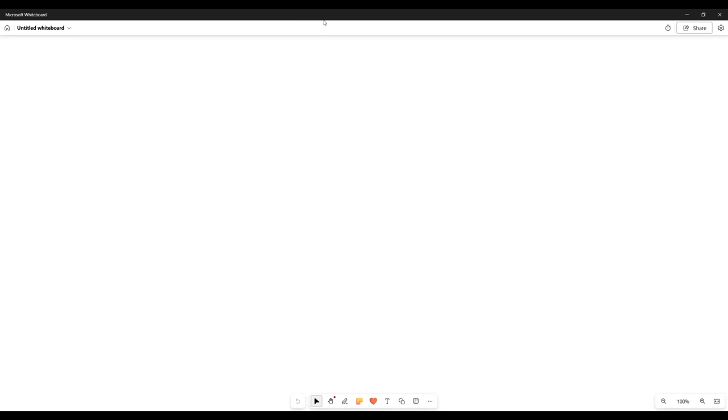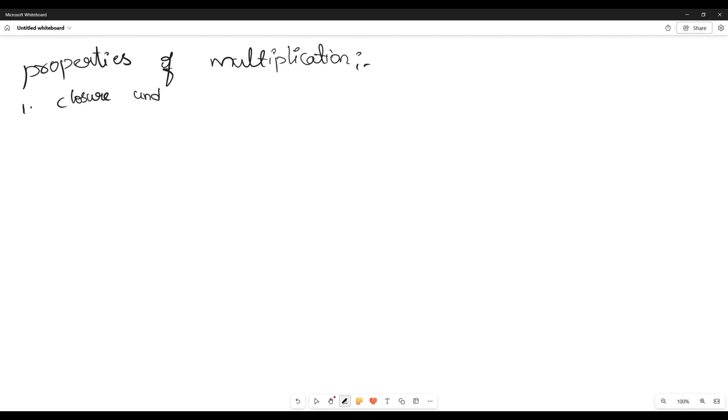The next topic is properties of multiplication. Here we are learning about the properties which are there in multiplication. The first property is closure under multiplication.